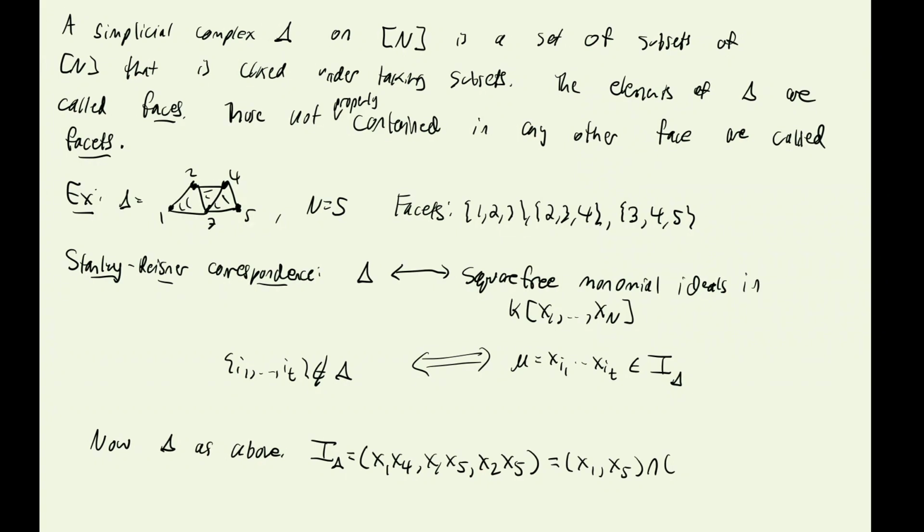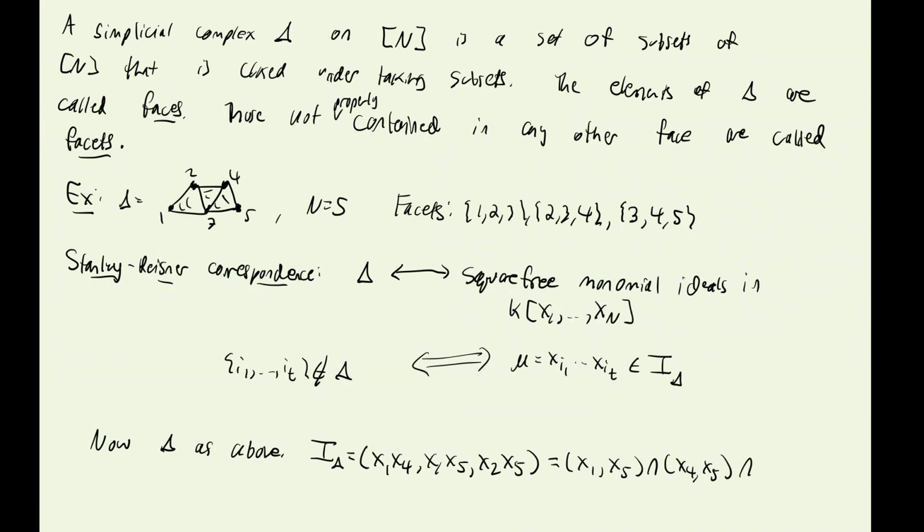The punchline is that the complements of the facets give me the minimal primes of the ideal. One of my facets is 1, 2, 3. Excluded from 1, 2, 3 is 4 and 5, so that tells me that (x4, x5) is a prime corresponding to I delta. Another facet is 2, 3, 4, which excludes 1 and 5, and so (x1, x5) is a minimal prime of I delta.